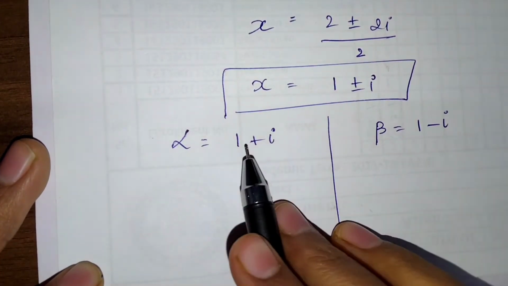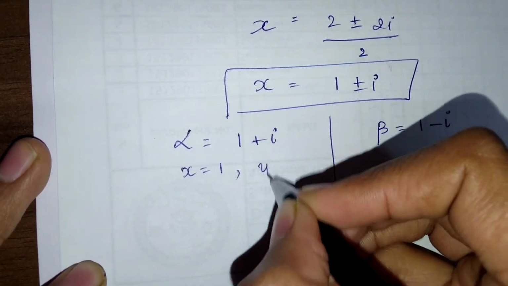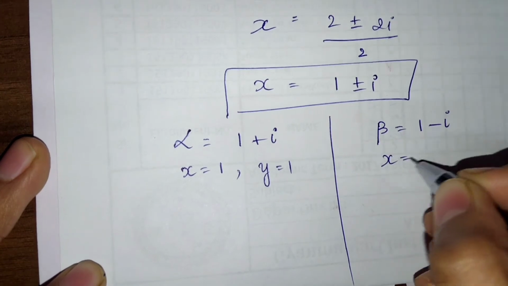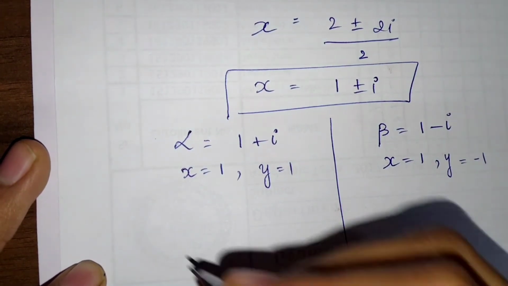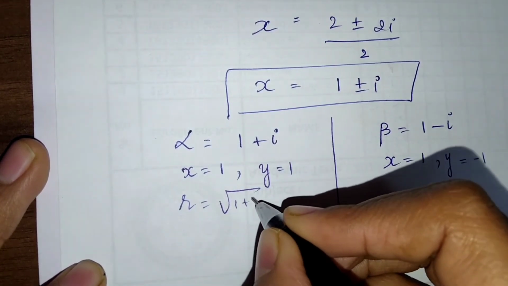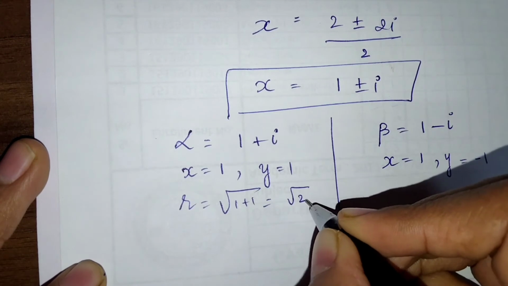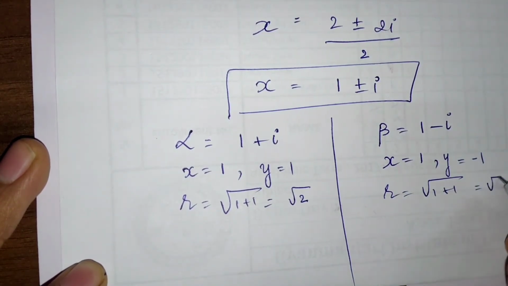And if we compare it with the form x plus iy, then we will get x equal to 1 and y equal to 1. Here we will get x equal to 1 and y equal to minus 1. So if we find r, it is square root of x square plus y square, that is under root 2. Here also we will get under root 2.